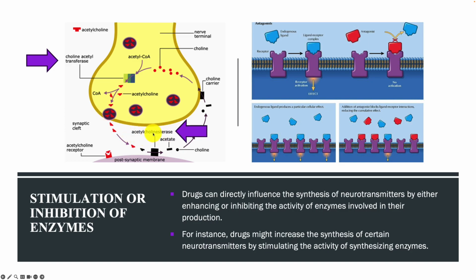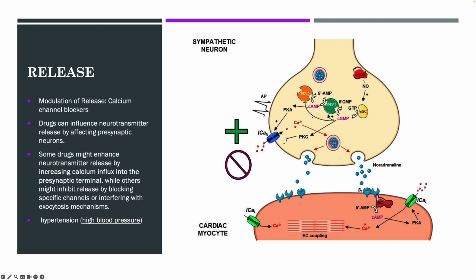We can stop the enzymes that want to break these chemicals down, and we can stop the receptors that want to receive those chemicals. We could also accelerate these things, right? So the reason I keep showing you these pictures is because everything in here is targetable. Everything can be manipulated with these neurotransmitter drugs or these autonomic nervous system medications. So let's go back to how we can impact the release of certain messengers, chemical messengers.